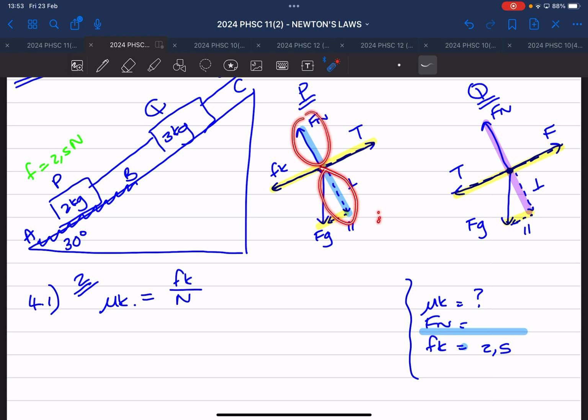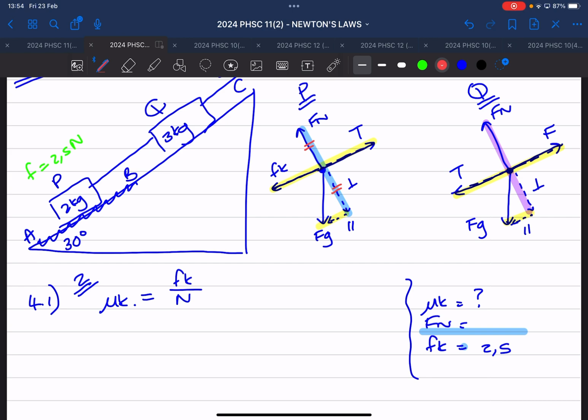Again, I have two conditions. The object is at rest in the vertical, so it's not going up and down. In the vertical it's at rest, and there's only two forces. That is why this one is equal to that one.